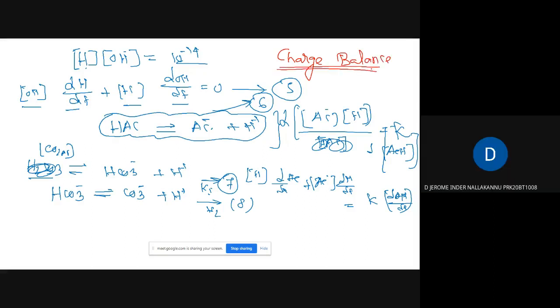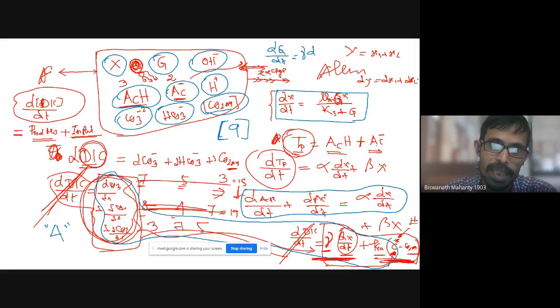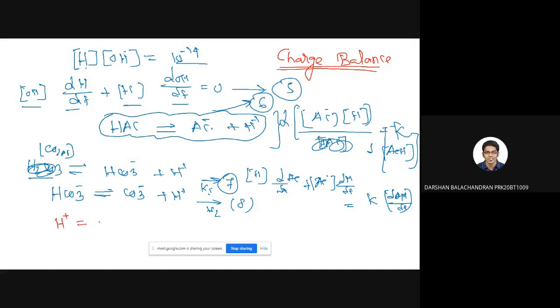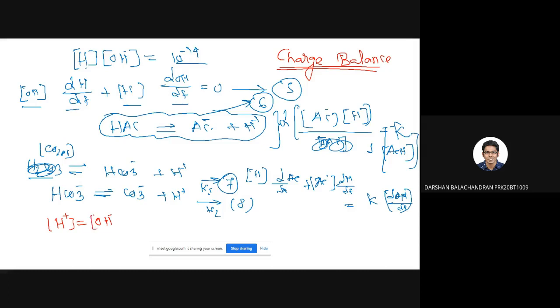Charge balance. You remember we talked so many things. Who are the charging members? I'm having acetate, I'm having hydroxyl, I'm having carbonate, I'm having bicarbonate. Only four are there, nothing more. So can I say who are the positive charge? Who are the negative charge? H plus and OH minus, CO3 minus.